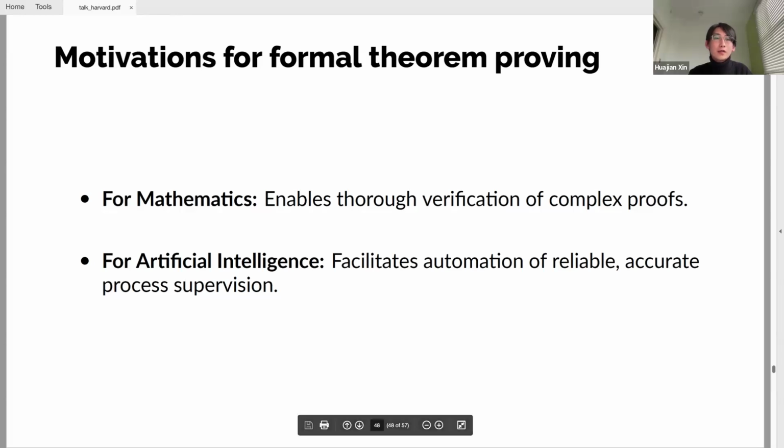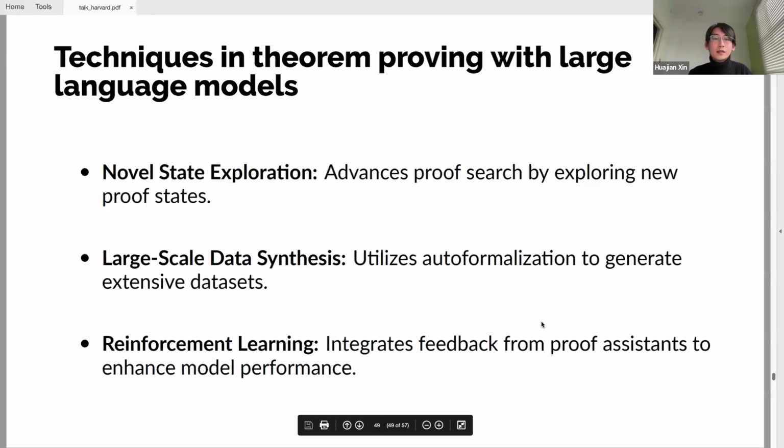First of all, formal theorem proving ensures rigorous verification in mathematics and provides an accurate, reliable framework for AI, and is much cheaper than process supervision with human annotators. The DeepSeek-Prover series excels through exploring novel states, synthesizing data, and reinforcement learning with proof system feedback. These components contribute to a more robust language model for theorem proving, as we see in the evaluation.